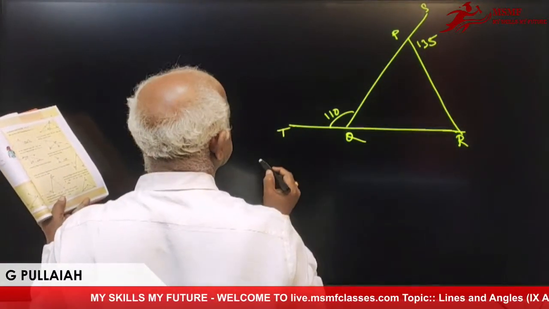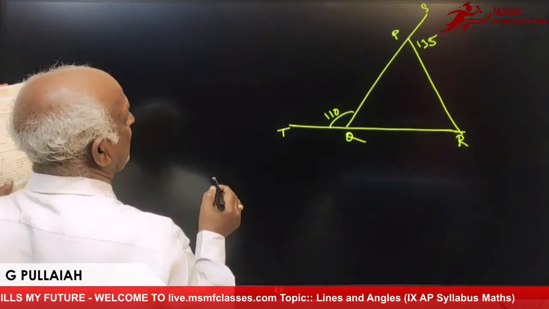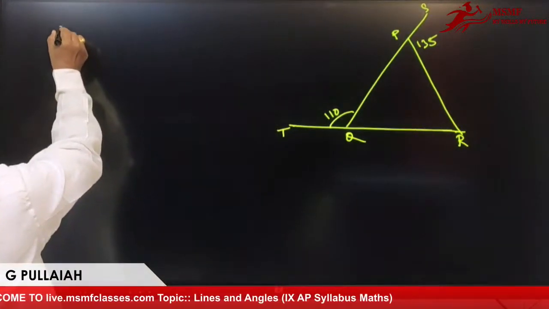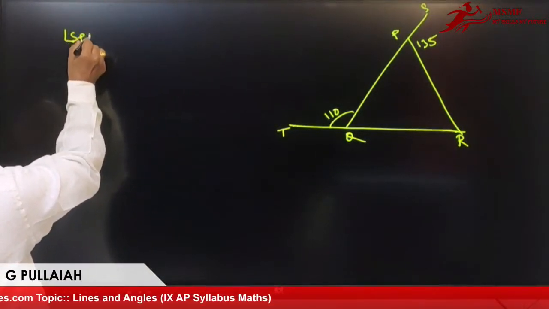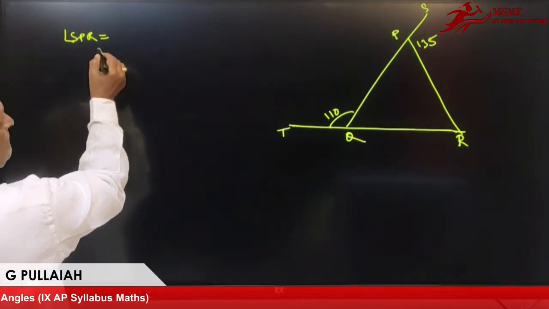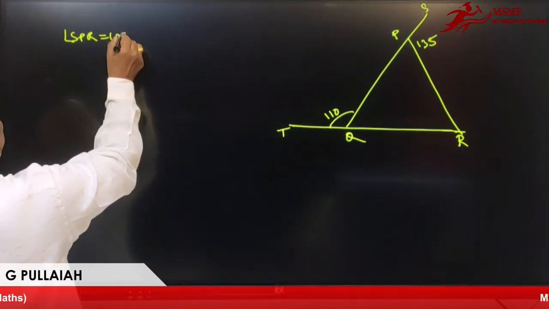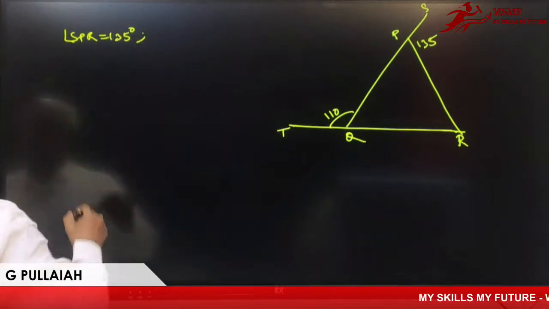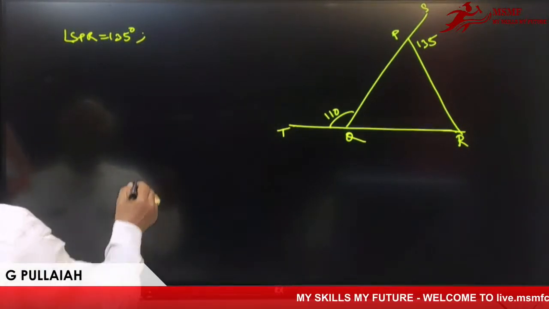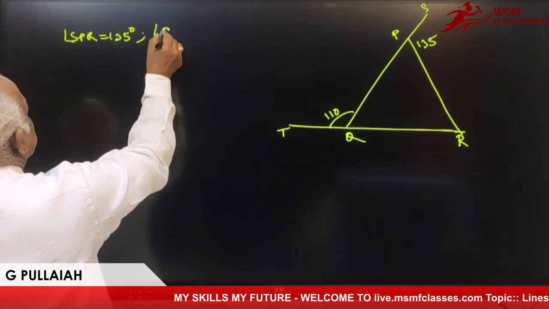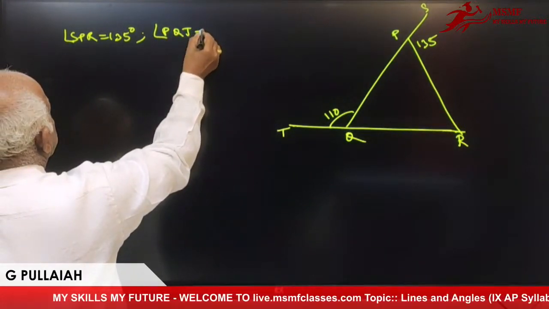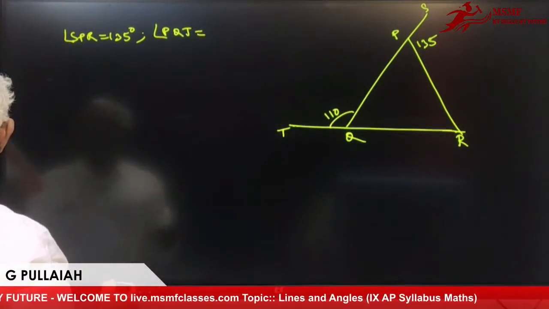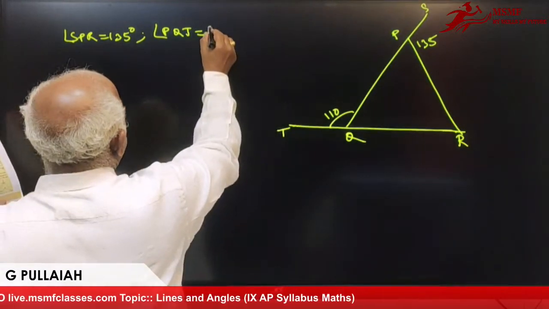It is given that angle SPR is equal to 135 degrees, angle PQT is equal to 110 degrees.